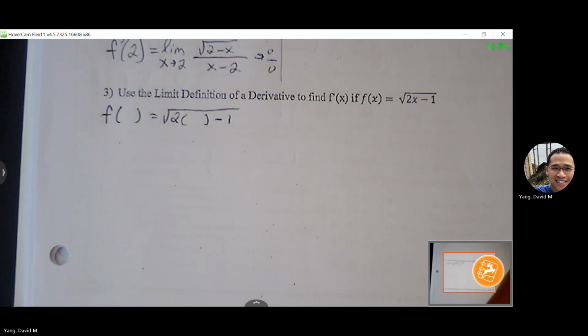Just rewriting. What are you doing? Fine, so now you have this piece, and then you have to put it all into this.